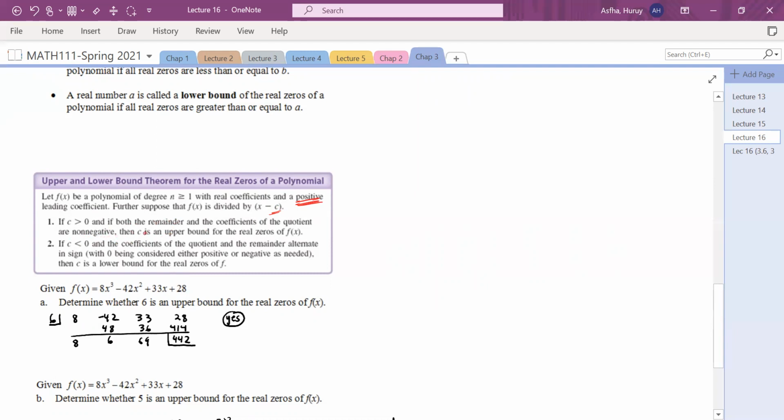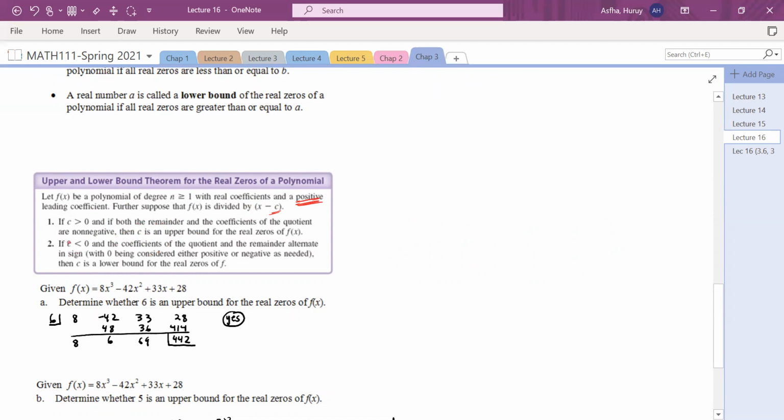So in order for c to be an upper bound, once we divide f of x by x minus c, if the coefficients of the quotient and the remainder are all non-negative, then c is an upper bound. Which means basically all the real zeros of the polynomial are less than or equal to c.